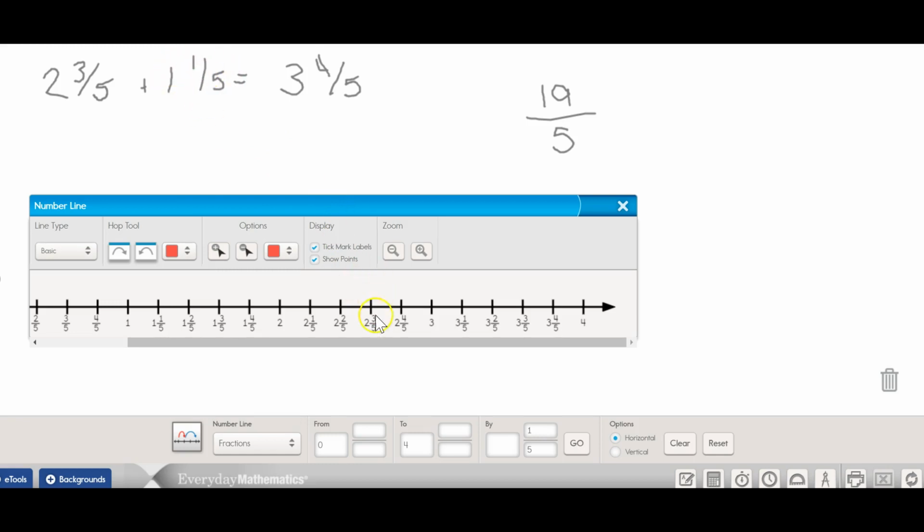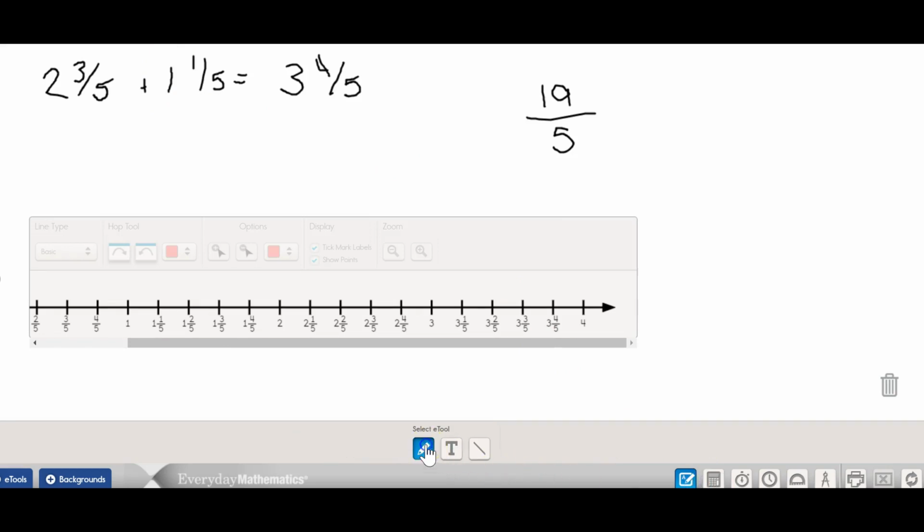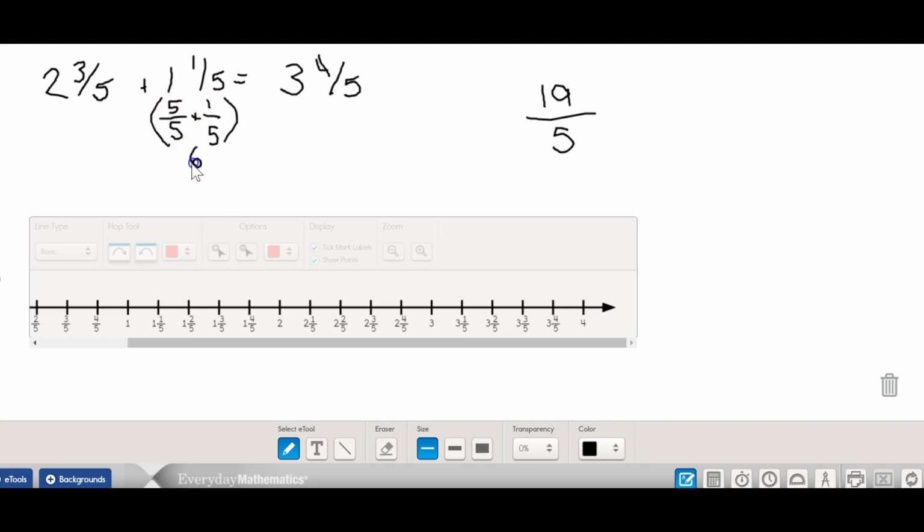How many fifths altogether will I need to jump? Well, let's think. 1 whole. How many fifths would make 1 whole? 1 whole is the same as 5/5 plus my 1/5. So altogether my 1 1/5 is 6/5 that I'm going to need to jump on my number line.